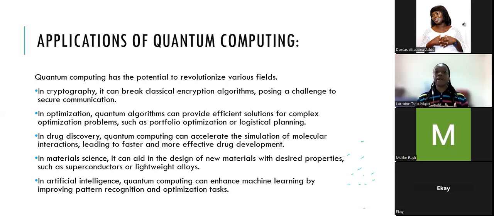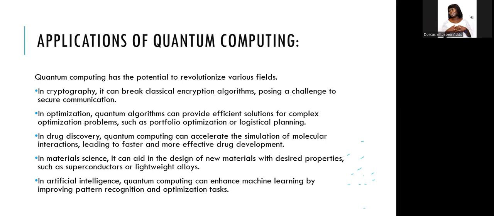We have quantum computing being used in optimization. Quantum algorithms can provide efficient solutions for complex optimization problems, such as portfolio optimization or logistical planning. An example I could give is that earlier in the year, I attended the New York University Abu Dhabi quantum hackathon for social good.